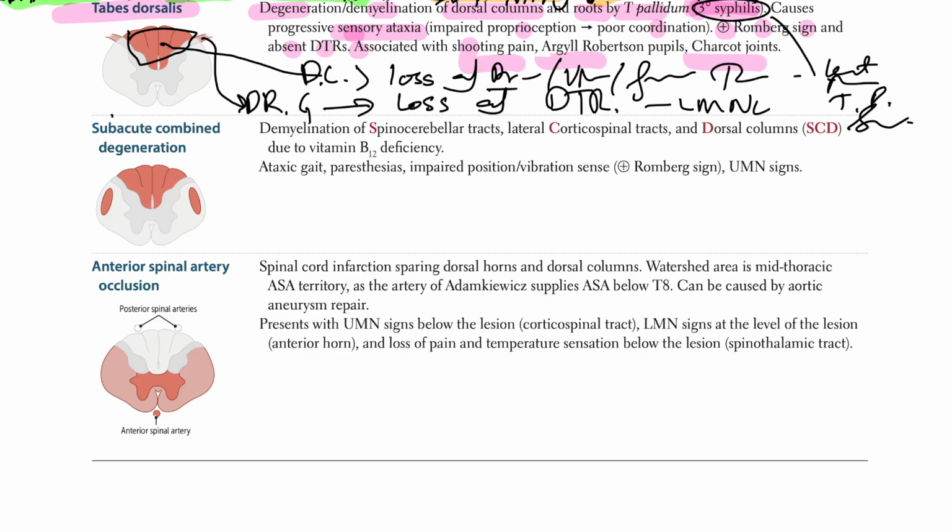Okay, and this is classically seen in patients with HIV, STIs, homosexual patients. They will have difficulty walking, but their motor power in all extremities is 5 out of 5.